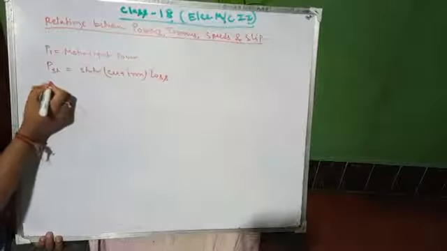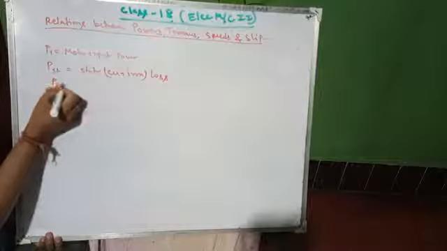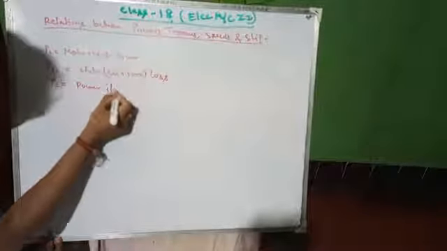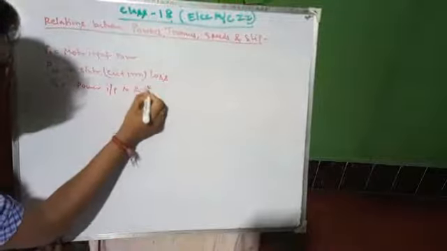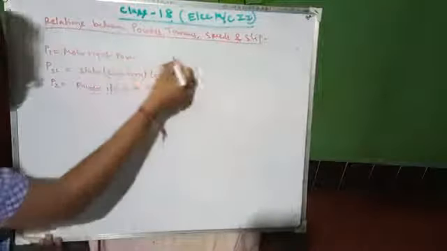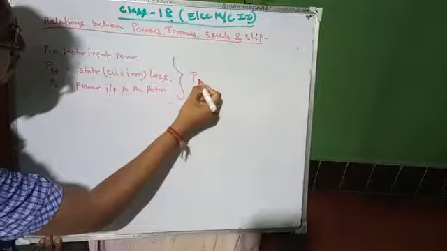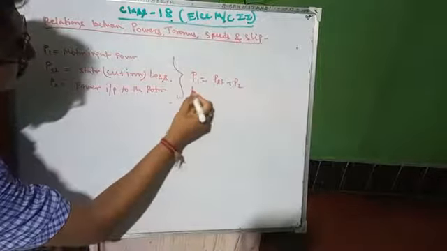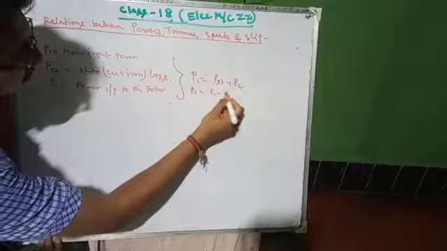Next one, P2, power input to the rotor. That means the relation of these three we can write P1 equals PST plus P2, that is P2 equals P1 minus PST.